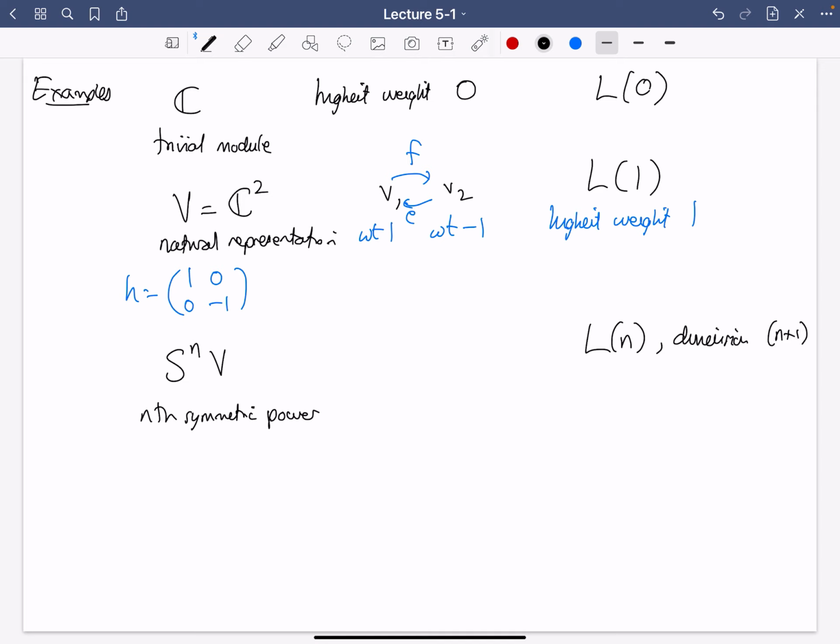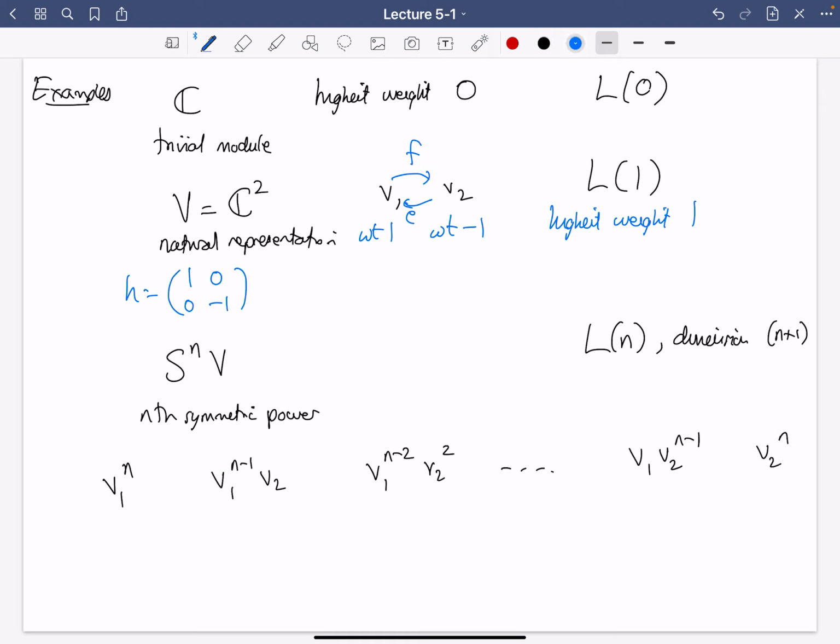This is going to have a basis of monomials in the basis of the defining representation. So V1^n, V1^(n-1) V2, V1^(n-2) V2^2, and so on all the way down to V1 V2^(n-1), and V2^n.